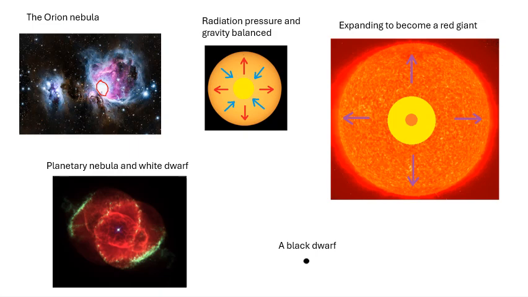But then it collapses and the outer layers are blown away, bottom left here, and we get this planetary nebula, it's called, and then the core becomes very, very small and very, very hot, and that's a white dwarf, and then eventually that cools down to a black dwarf. And this is for stars like our sun.